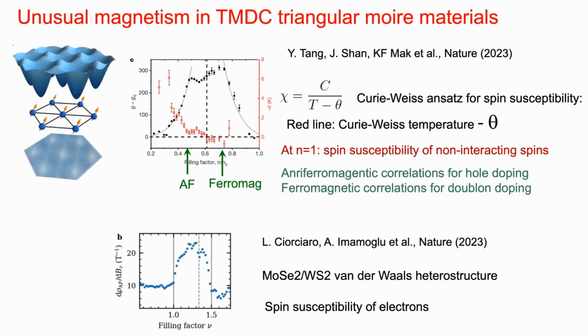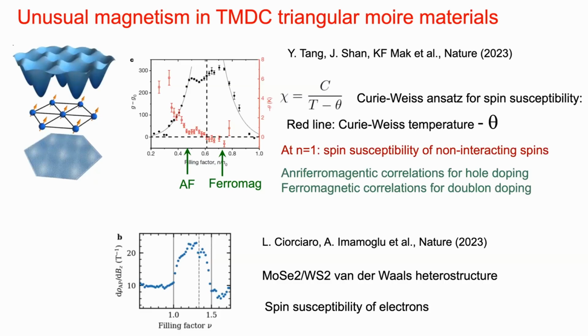Then similar results have been obtained in the group of Atac Imamoglu. However, that's also basically spin susceptibility. In their case, they do not see the antiferromagnetic interaction on the hole doped side, but they see an increase of susceptibility, active ferromagnetic interactions close to when the system is electron doped.